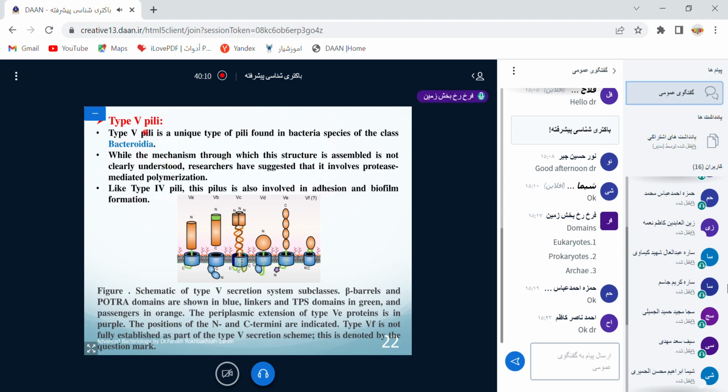Type 5 pili. Type 5 pili is a unique type of pili found in bacterial species of the class Bacteria.